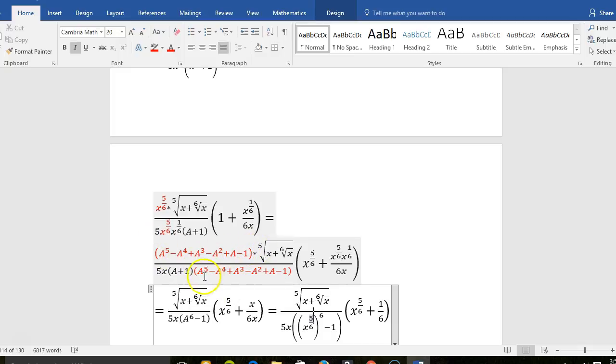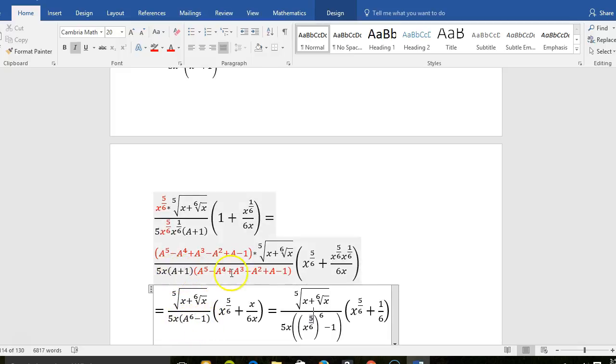But so now I stuck that guy up here, but the whole motive was actually to stick him down here. By associativity, I'm going to multiply A plus 1 times this big guy right here in red. And you'll see why I do that. By the laws of algebra, that's going to be A to the 6 minus 1.